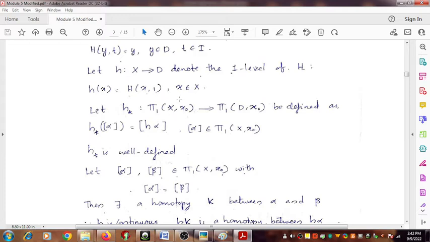Then there is a set of loops which are homotopy equivalent to that particular loop alpha, and all of those belong to this class. A member of this group is the class of alpha, which corresponds to the particular loop alpha. So we can define h star of the class of alpha, but corresponding to this alpha, we need a member of the second group. How do we get that member? That is the question.